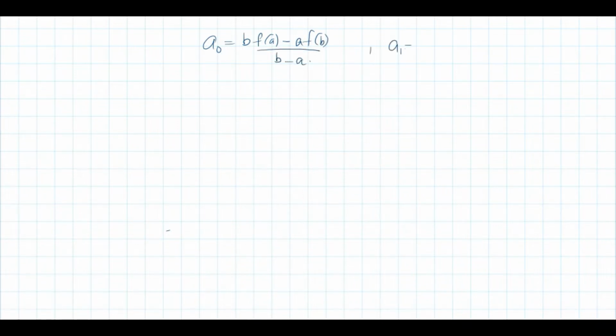And a1 we already have: 1 by (b minus a) into (f(b) minus f(a)).